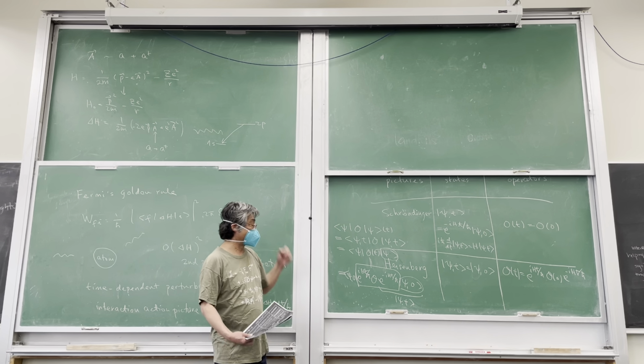So that's O H. But time derivatives can also hit this one over here. Then it pulls out iH over h bar times i h bar. So that gives you a negative Hamiltonian operator. So that combined together becomes this commutator. And this is what we call the Heisenberg equation of motion.